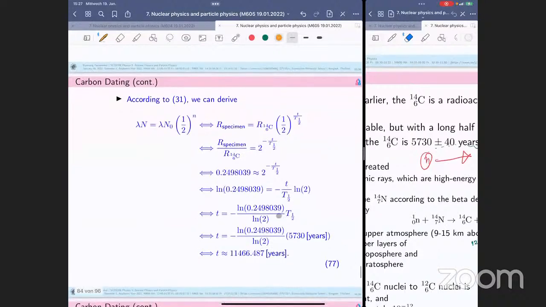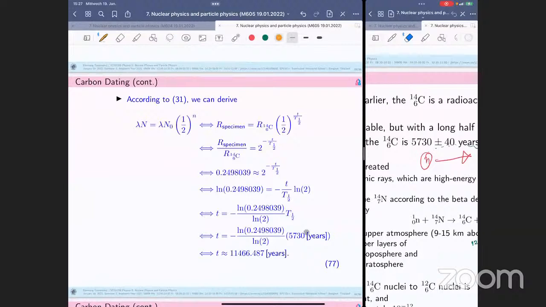Once you get this, we will substitute the half-life of carbon 14. It's up to you. If you want to see the result in seconds, you have to convert half-life from years to seconds, multiplying by how many days per year, how many hours per day, how many minutes per hour, how many seconds per minute.